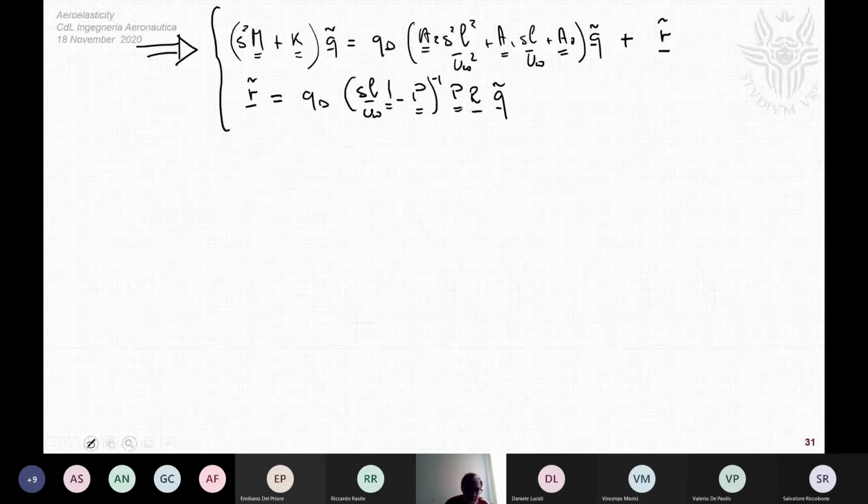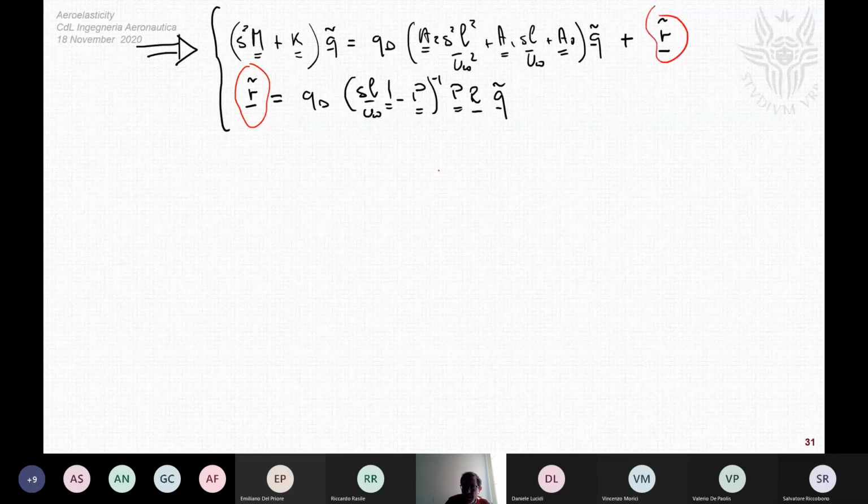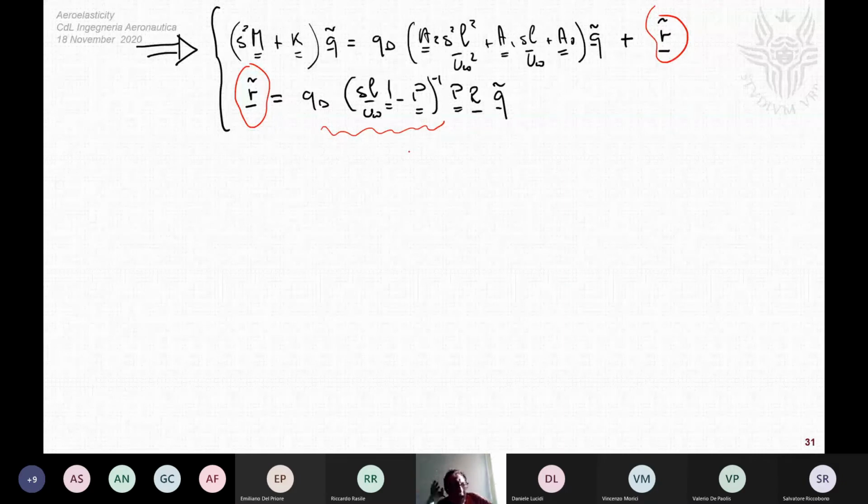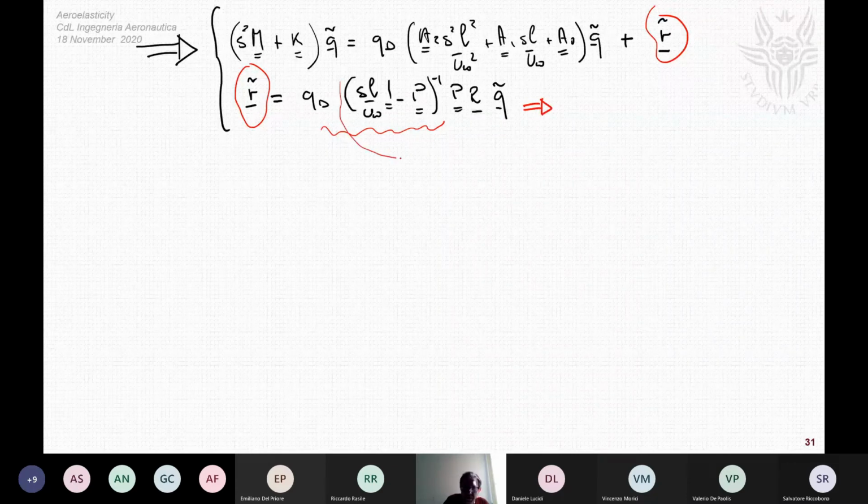Okay, so we have introduced just this definition and we have separated this part, but note that here you have a denominator. Remember, we had an integral. Now, if you multiply this equation by this denominator, what do you obtain?